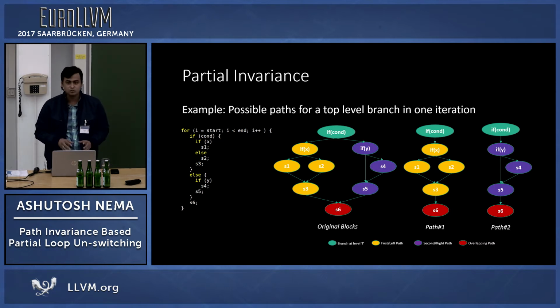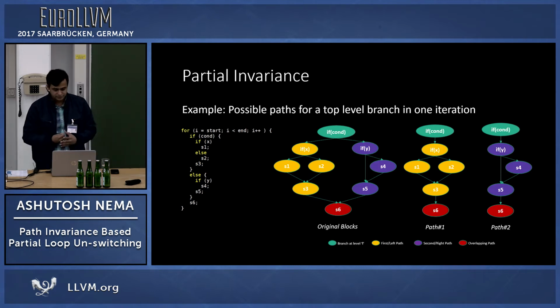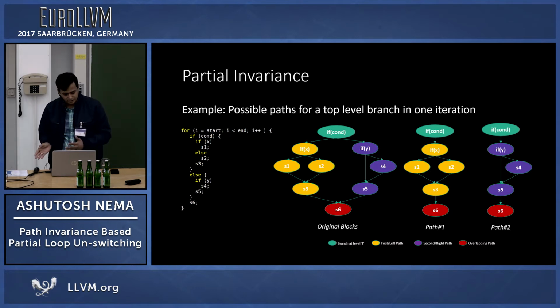So here there are two possible paths. First, starting from cont, when the condition is true, it takes the first or the left path where the if x is there and it has multiple blocks, and at the end it goes to S6. When the condition is false, it goes towards if y, and at the last it executes S6.